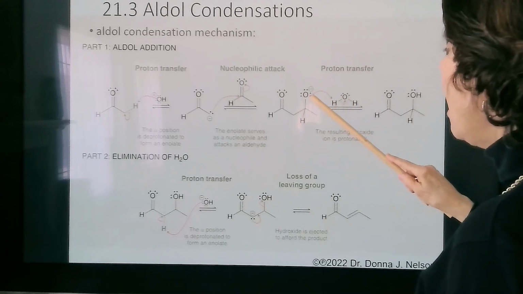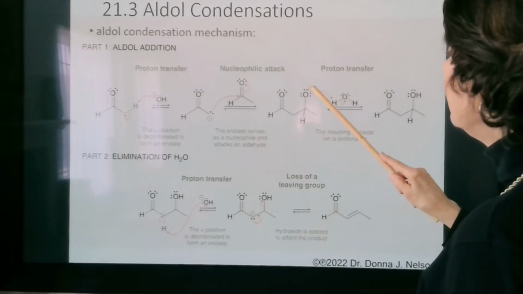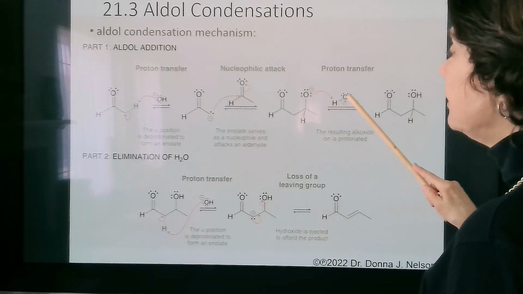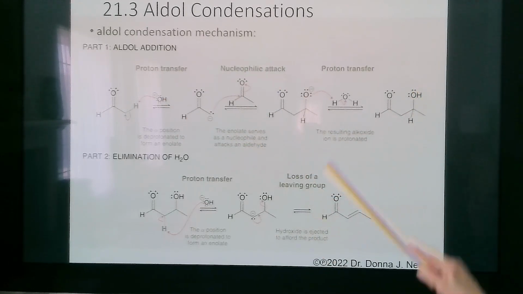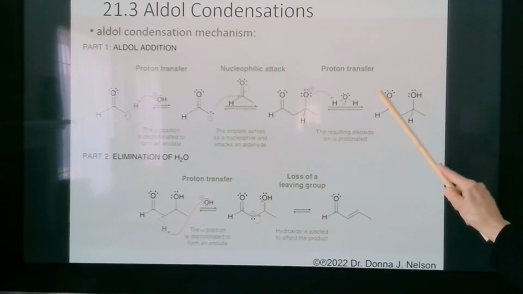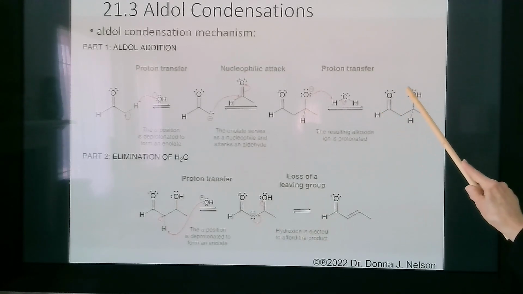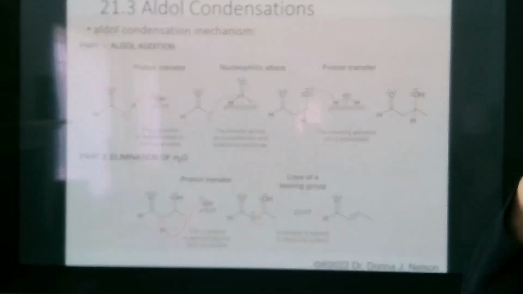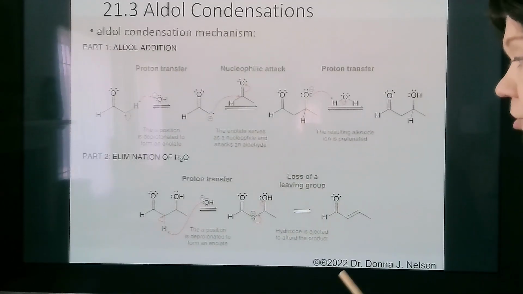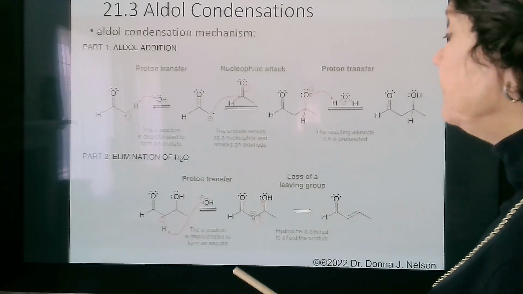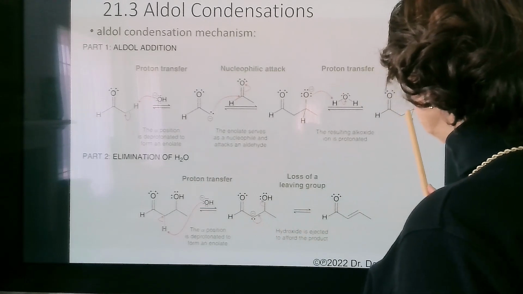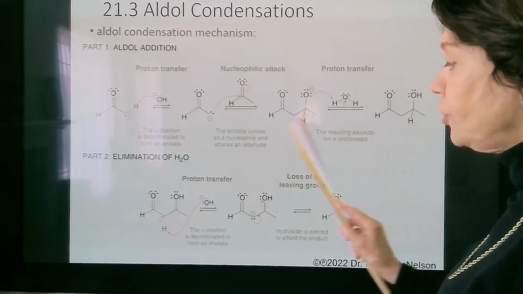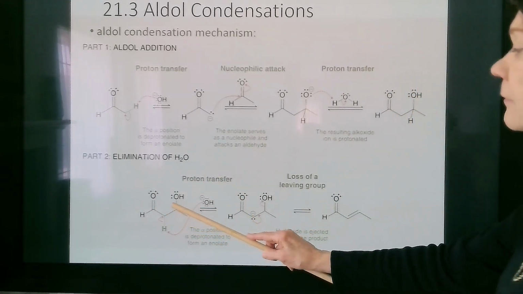And so now oxygen is bearing a negative charge, deprotonates water, regenerating the catalyst, hydroxide, and so now you have the aldol addition product. Now, if it's done with a little bit of heat, sometimes heat is not even needed, here's the product of the first step coming down here.